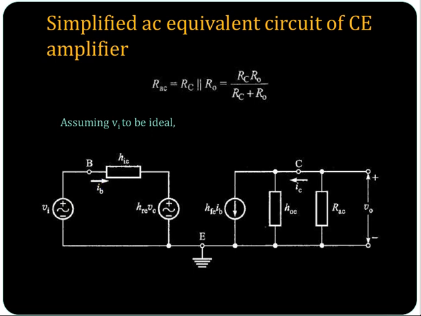So there is no issue if you ignore R1 and R2 and draw the circuit like this, if you assume VI to be ideal. This VI is coming across these two terminals. Okay. Now the circuit gets modified like this, ignoring R1, R2 and replacing RC and RO with RAC.